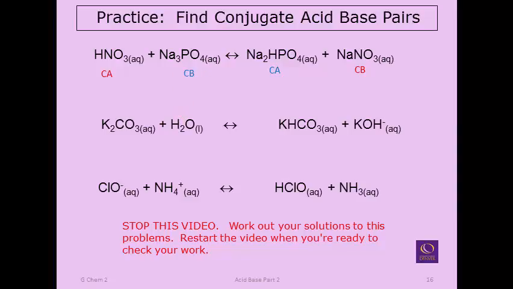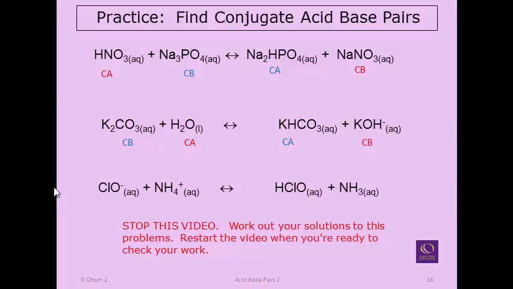The second reaction, carbonate accepted the proton, so it's a base. Its paired conjugate acid is over here. Here's back to water again. We know it could go either way, but in this particular case it gave up a proton, so that makes it acidic. So the conjugate base is going to be the hydroxide.